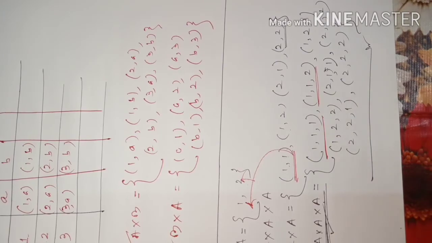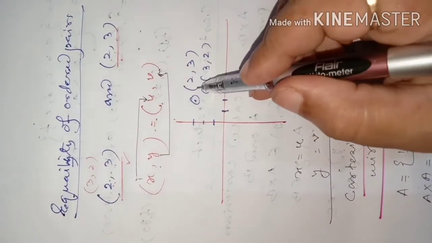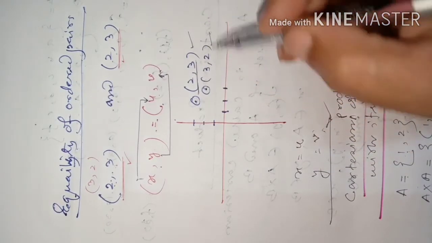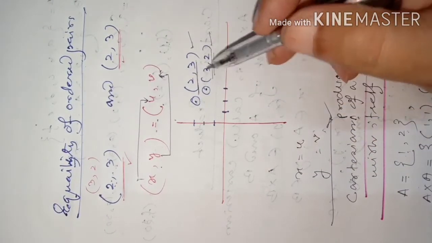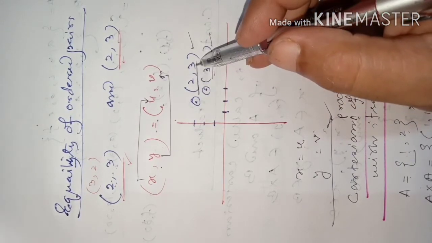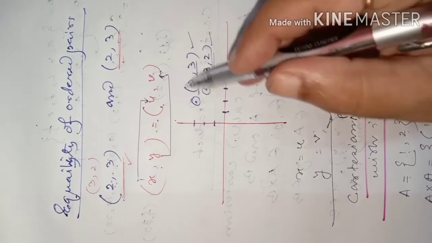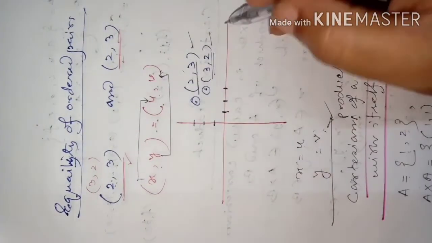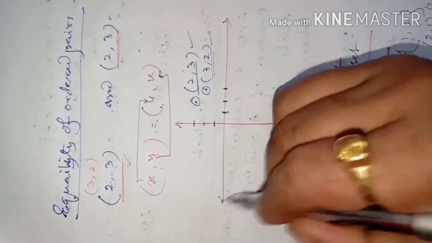Clear, students? So far, in the Cartesian plane, we got only ordered pairs. So long we are getting 2-dimensional space. This (2, 3) is a point in the Cartesian plane, which was given by René Descartes.